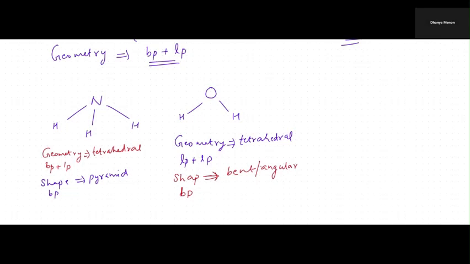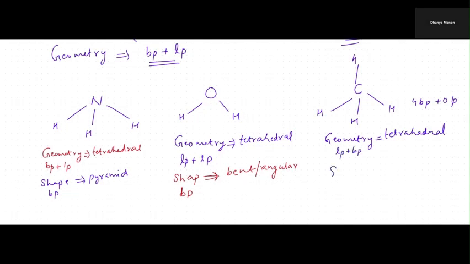Now, the third one we discussed was methane. In methane, there are 4 bond pairs and 0 lone pairs. Now, the geometry is the same, that is tetrahedral, because geometry depends upon both lone pair and bond pair. Now the shape, what would be the shape?